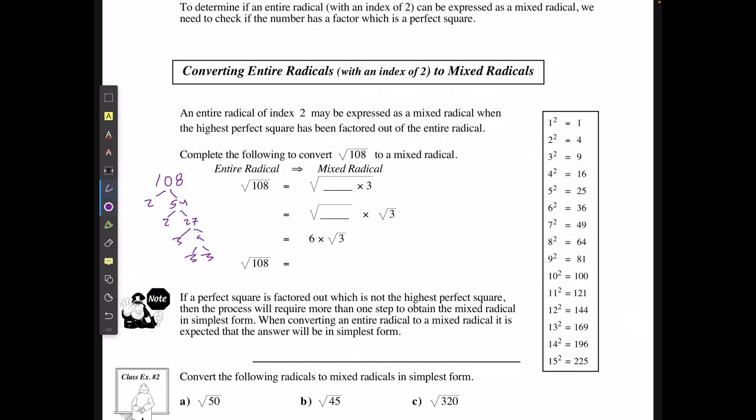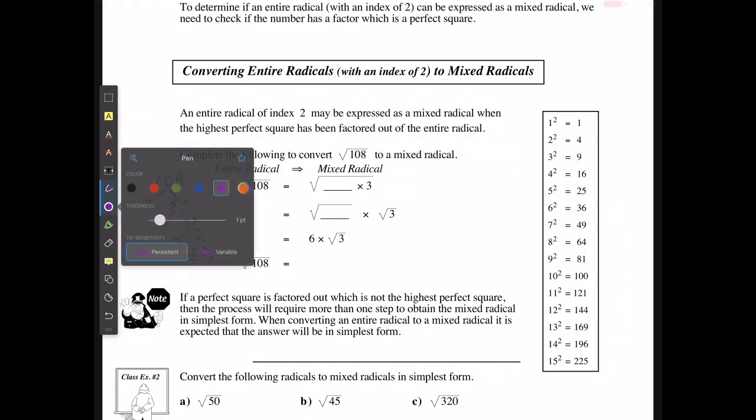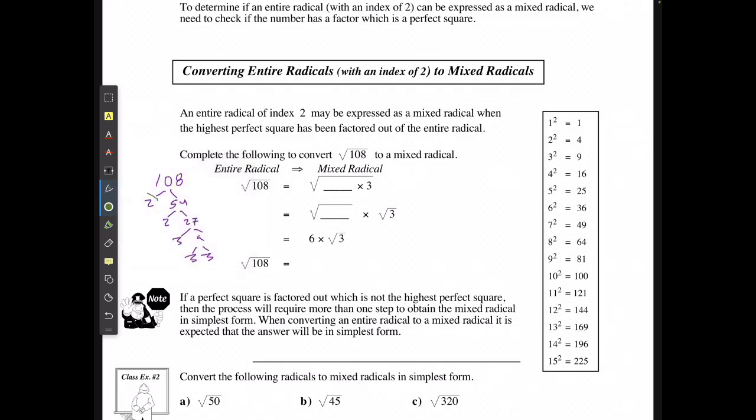And remember from previous lessons, if I have a prime factorization, it's a perfect square if there is 2 of the same prime number. So any set of 2 of the same prime number is a perfect square I can pull out.